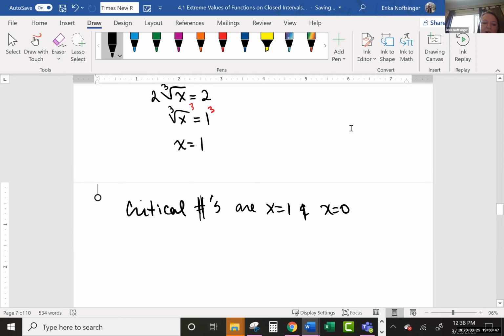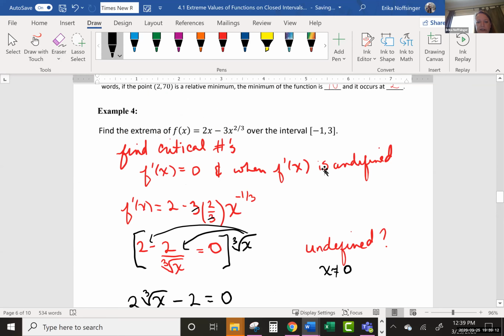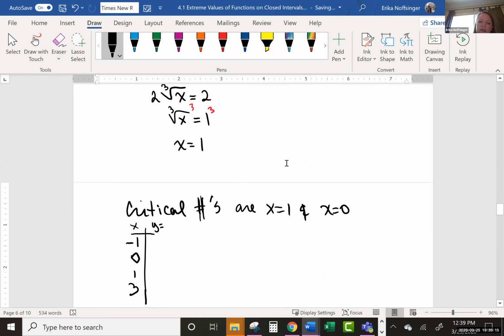We pretty much just want to plug these back into the original with our in-bounds. So -1 was an endpoint, we're going to look at 0, we're going to look at 1, and 3 was an endpoint of our interval. And our original function was y equals 2x minus 3 x to the 2/3.